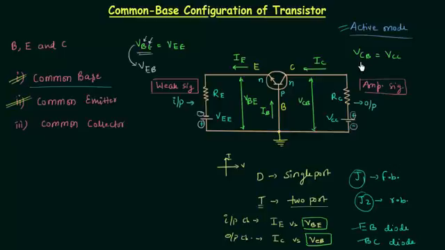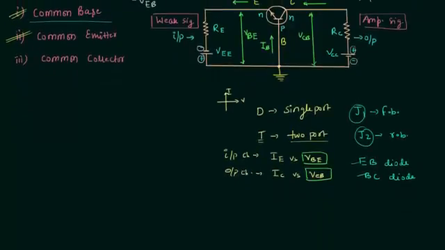So in representation, C will come first and later will come B. So this is important thing. If you follow the proper nomenclature, you have this representations for input voltage and output voltage. I'm not going to explain the input and output characteristics in this lecture. We will continue with them in the next lecture.